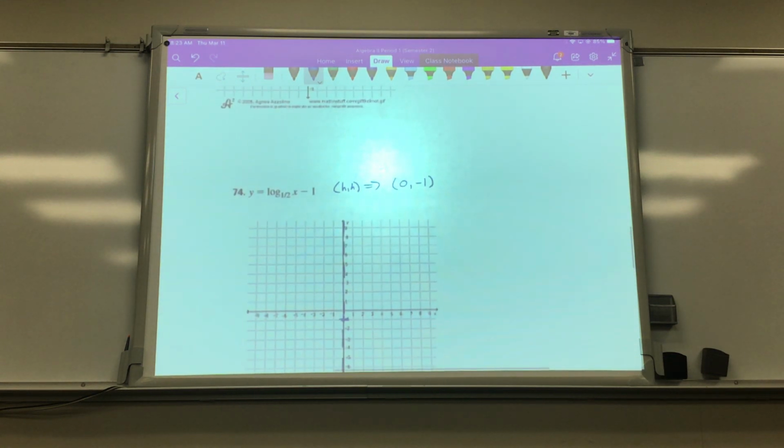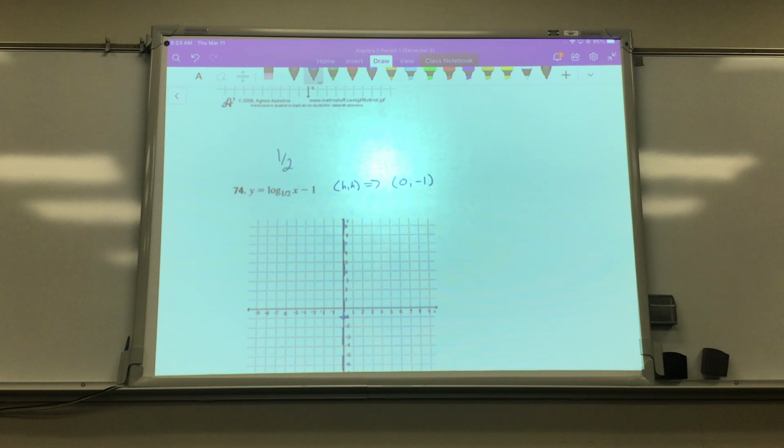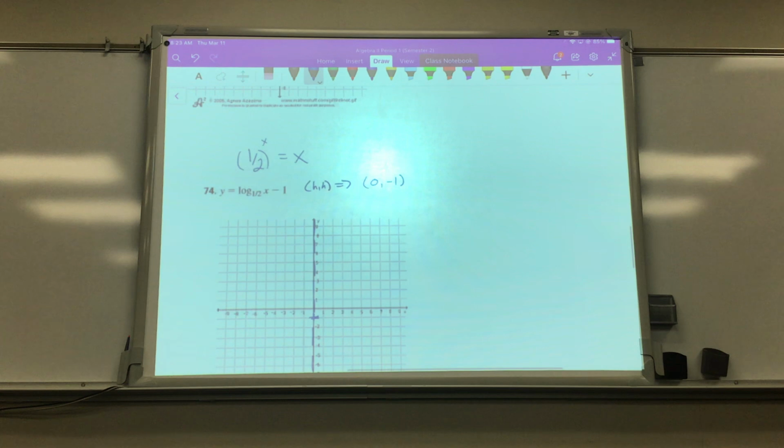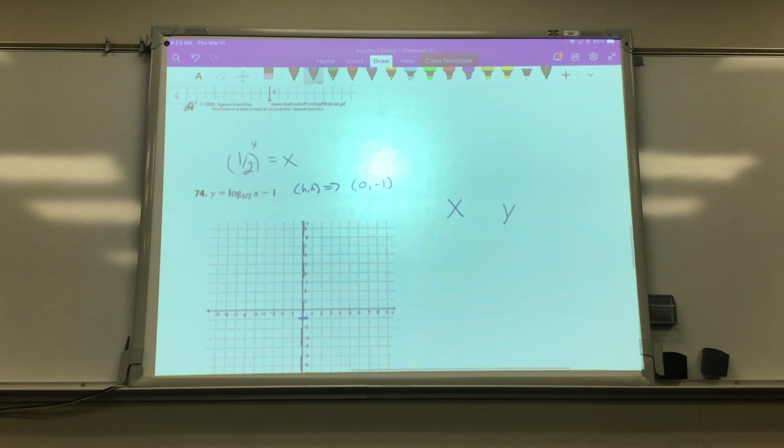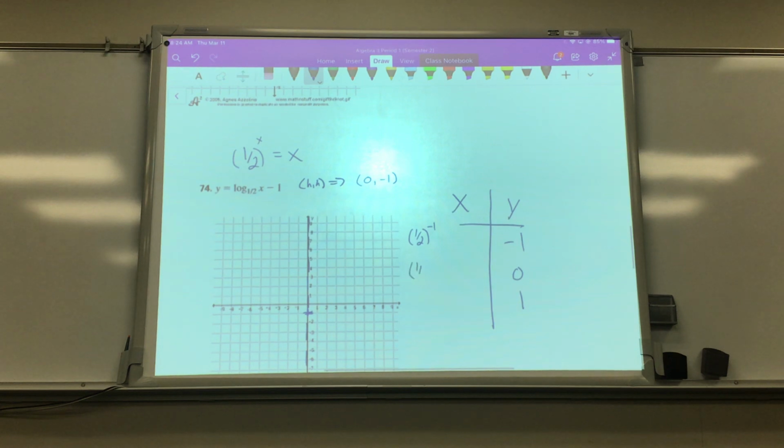Okay, now when you do this table, you're saying 1/2 to the y equals x, correct? When I do this table, -1, 0, 1, that doesn't change. But now you're saying 1/2 to the negative first, 1/2 to the 0, and 1/2 to the first, correct? 1/2 to the negative first, what would that be? 2.